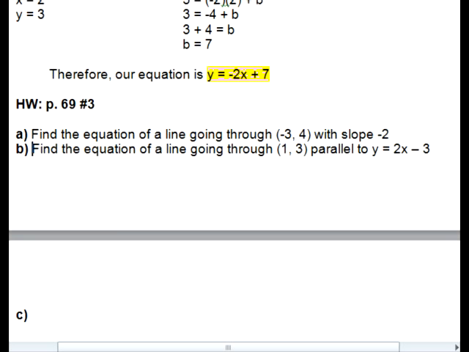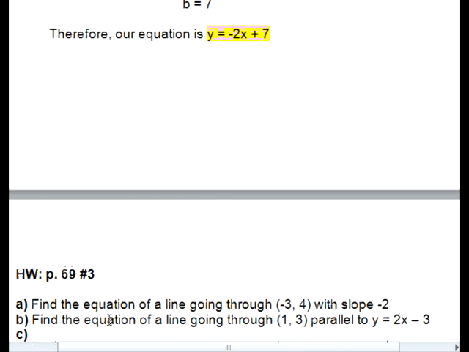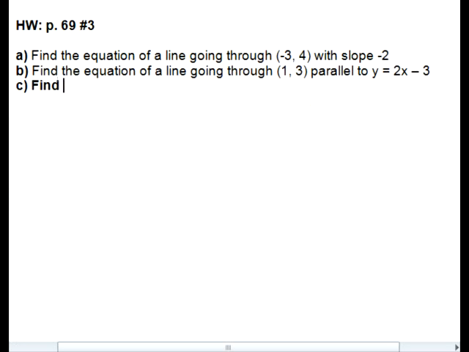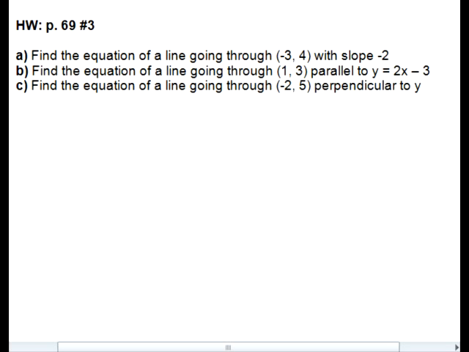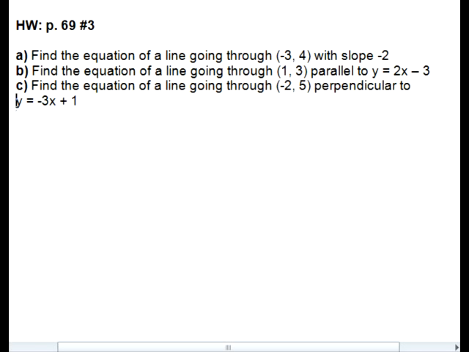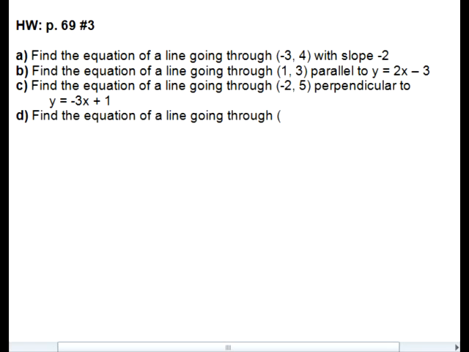C, find the equation of a line going through -2, 5 perpendicular to y equals -3x plus 1. And finally, D. Find the equation of a line going through -5, 1, and 2, -3.